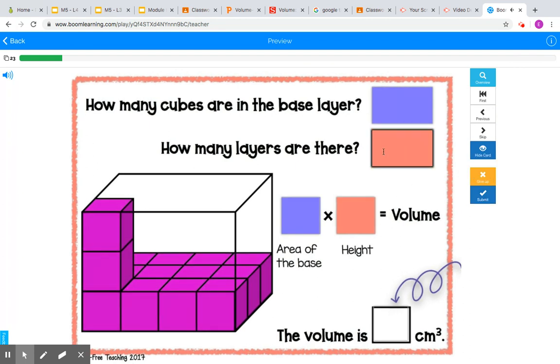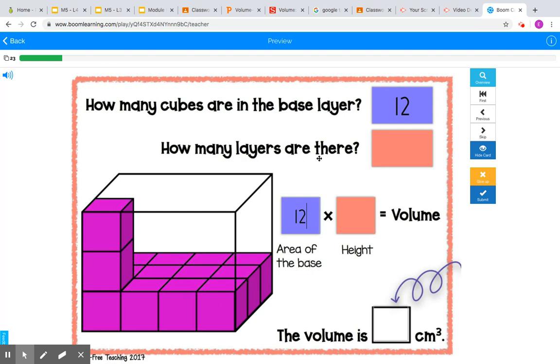Let's try one more before you try one on your own. Let's think. I need to find the area of the base, or how many cubes are in the base layer. So let's look. Our base layer has how many total cubes? 1, 2, 3, 4, 5, 6, 7, 8, 9, 10, 11, 12. Okay, so we have 12 in our base layer, a bottom area.